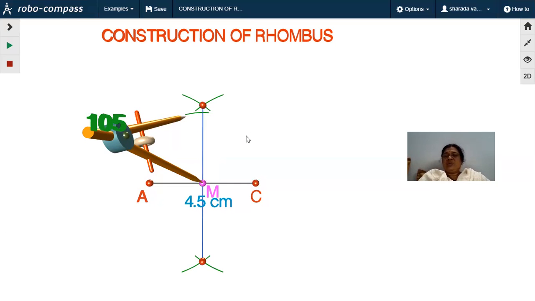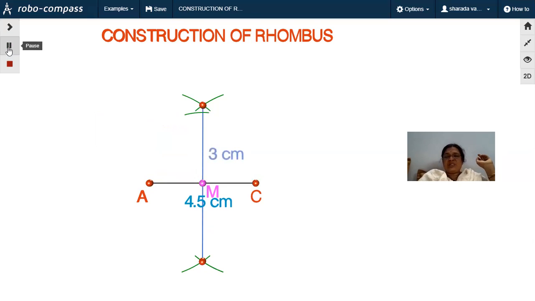These 2 lines are perpendicular to each other and they bisect each other. So this line is 6 centimeters; from here to here, locate the midpoint as M. From M to this arc it will be 3 centimeters and down it will be 3 centimeters. When you add these 2, you should get 6 centimeters total.